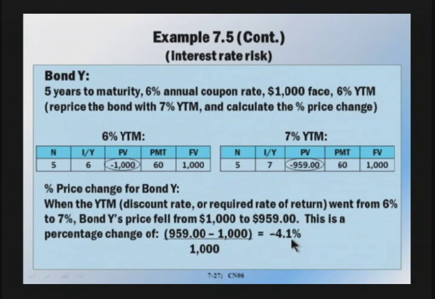So when you discount at a higher rate, the present value will go down. When you discount for more periods at the higher rate, the bond's value will go down even more. So the longer the maturity, the greater the amount of interest rate risk that a bond has. So our 10-year bond X had more interest rate risk than our 5-year bond Y.